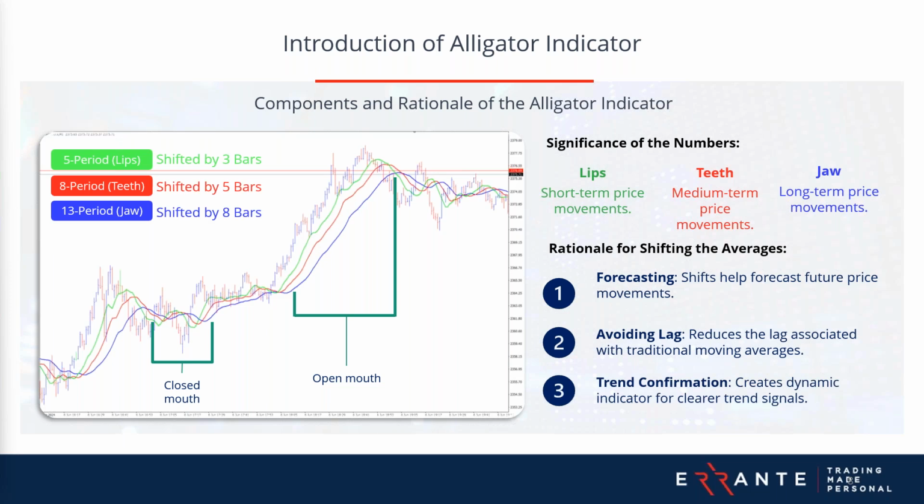Also, the shifts create a more dynamic indicator. When the 3 lines, jaw, teeth, and lips, diverge and fan out, it provides a clear visual signal of trend strength and direction. And this makes it easier to identify trend changes early.